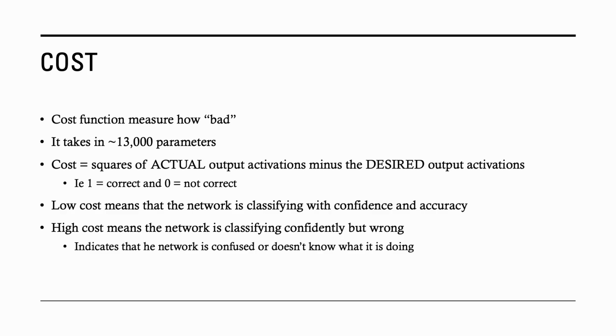And so the lower the cost is, that means the network is definitely confident and it is providing accurate answers. And if a machine has a high cost, that kind of means that it's really confident, but it's usually wrong, which is not a good sign, and it kind of tells us that that is a confused network and it kind of doesn't know what it's doing yet.